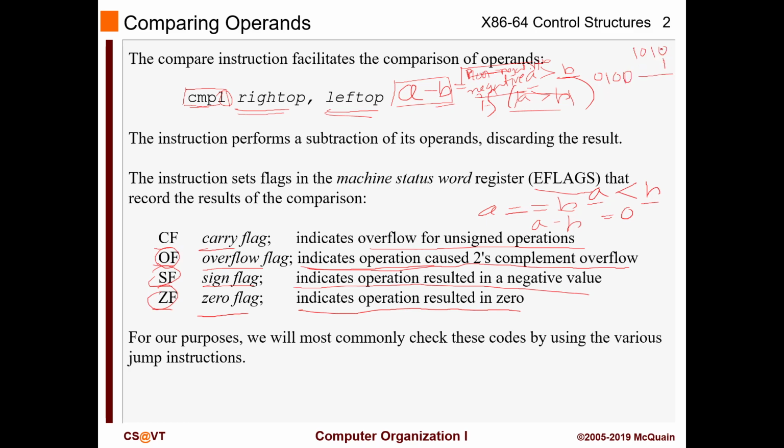The idea is that whenever you are doing 2's complement, sometimes when you keep adding 1, there's going to be a 1 carried over here, and there's going to be an overflow. That's when this one is set. And CF is set basically when there's an unsigned operation overflow.